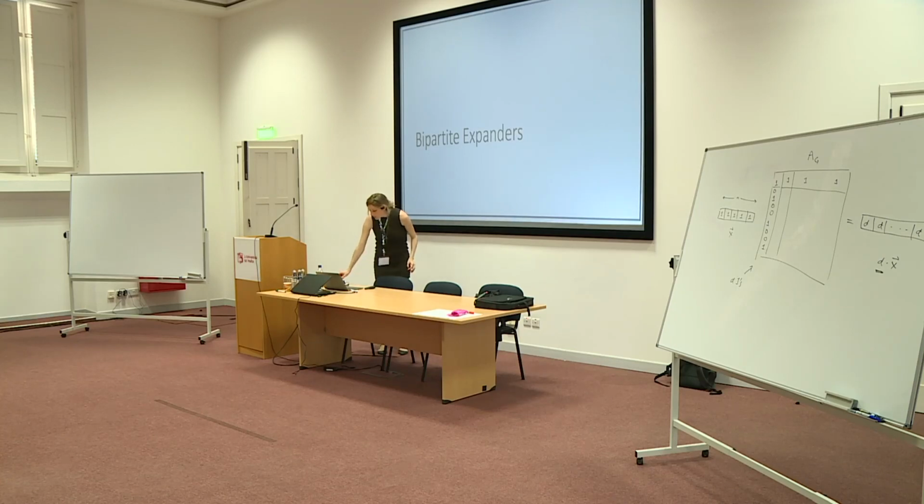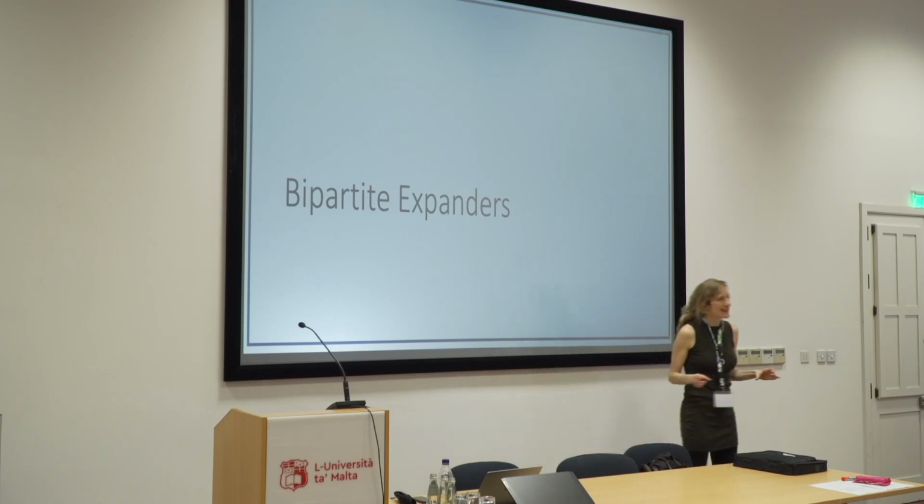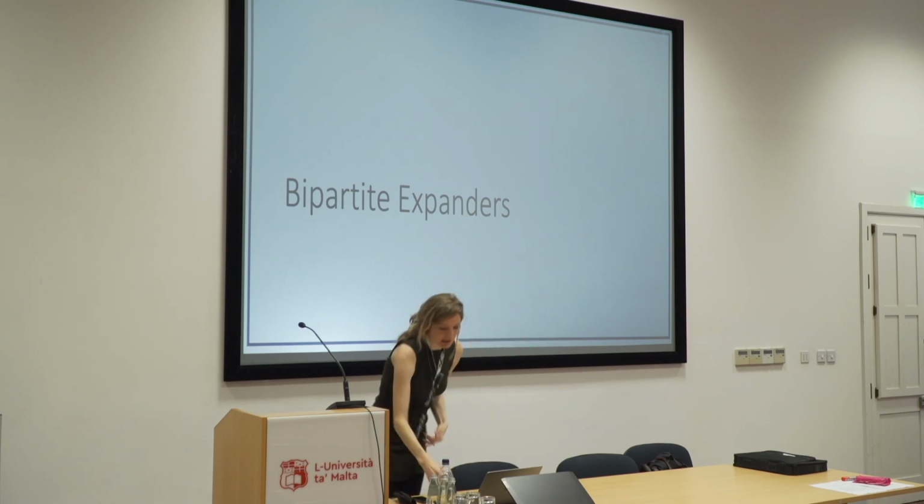Okay, so up until now, we've been talking about these standard expanders. But I said there's also a second class of these things that are bipartite expanders, and now I want to say a few words about these.